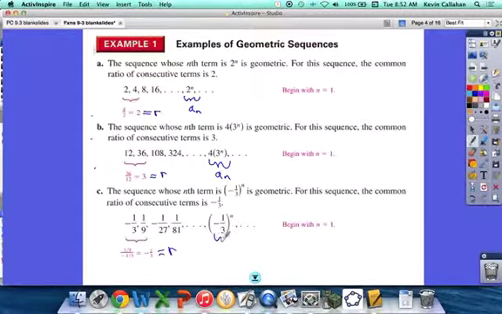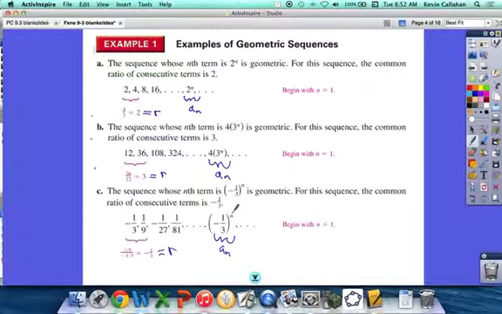And if I look at the formula for a sub n, I see the r, it's what's being raised to the power. And just like when we did our formulas in 9.1, what was it that made the terms of the sequence change sign? It was raising a negative to a power. That meant when n goes from odd to even, you just change the sign, and now it's positive or now it's negative.